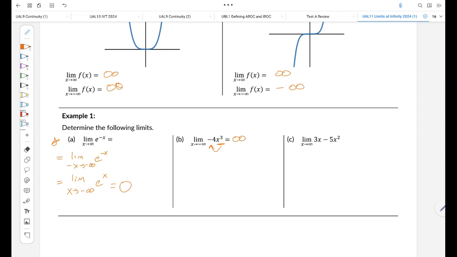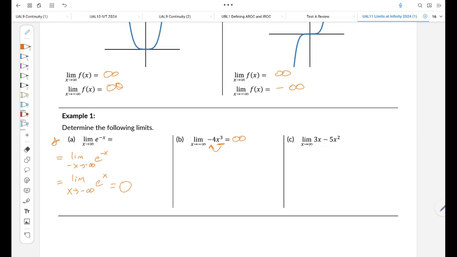All right. Our last one leads into the next part of this. We've got the limit as x goes to infinity of 3x minus 5x squared. When you have polynomials and you're talking about putting giant numbers into them, think about it.